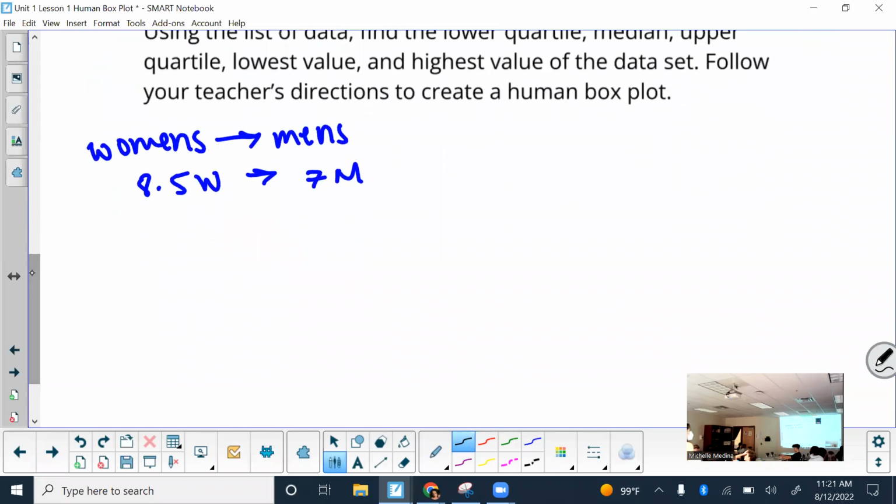See? So I'm just gonna go table by table. What are our data points?